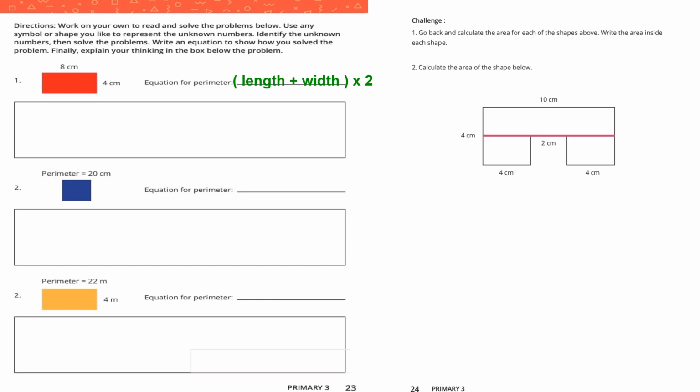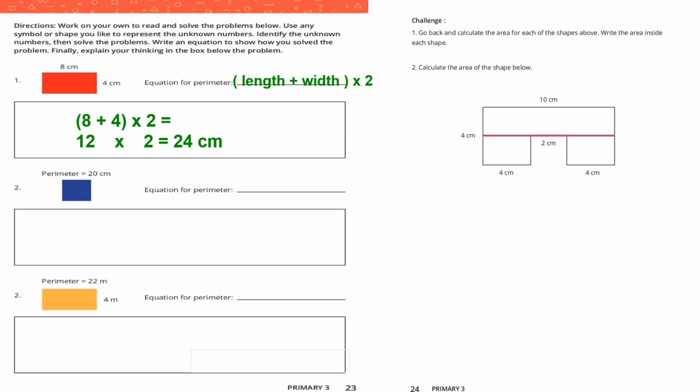So I know the length is 8 and the width is 4, times 2. 8 plus 4, times 2. We solve what is between brackets first. 8 plus 4 is 12. 12 times 2, from table 2, is 24 centimeters. So the perimeter is 24 centimeters.